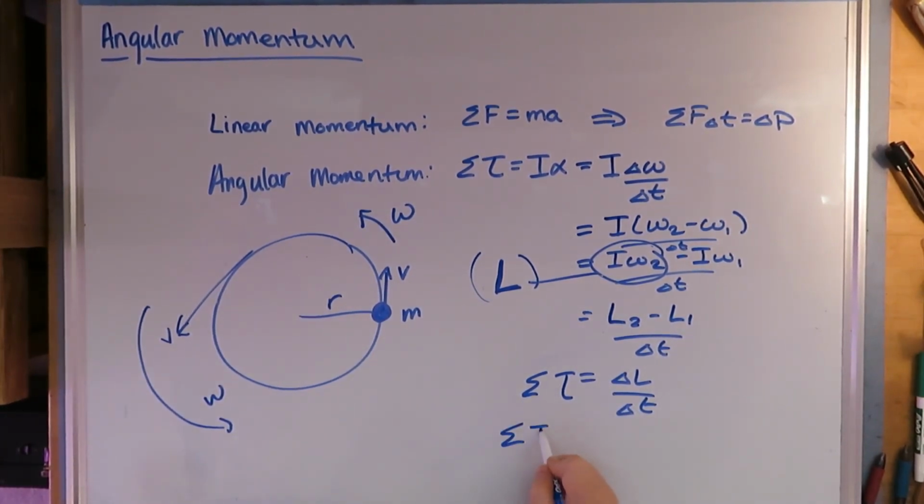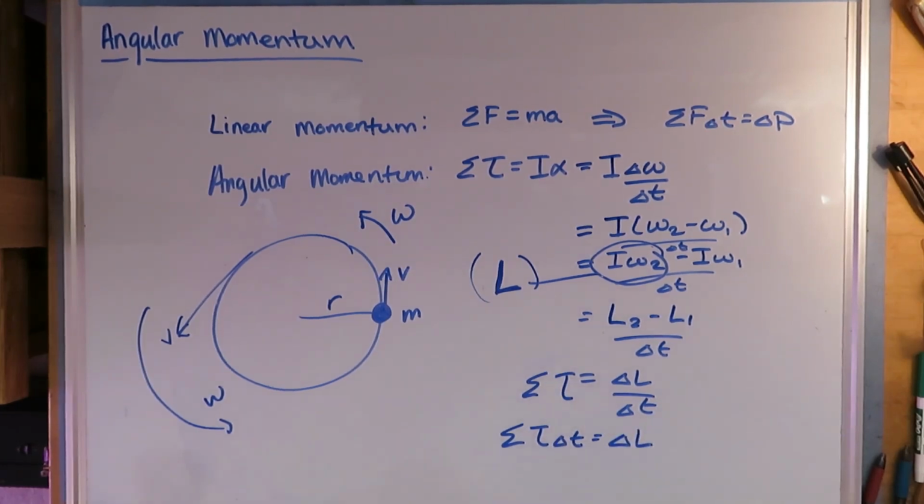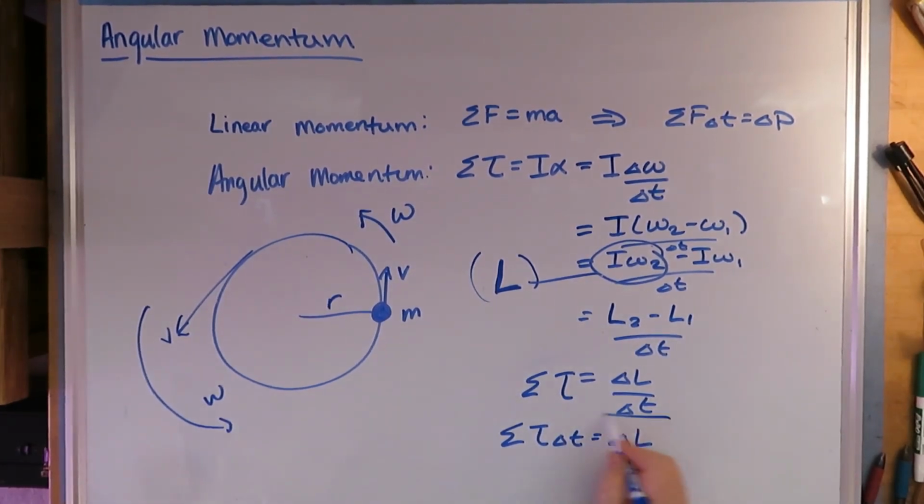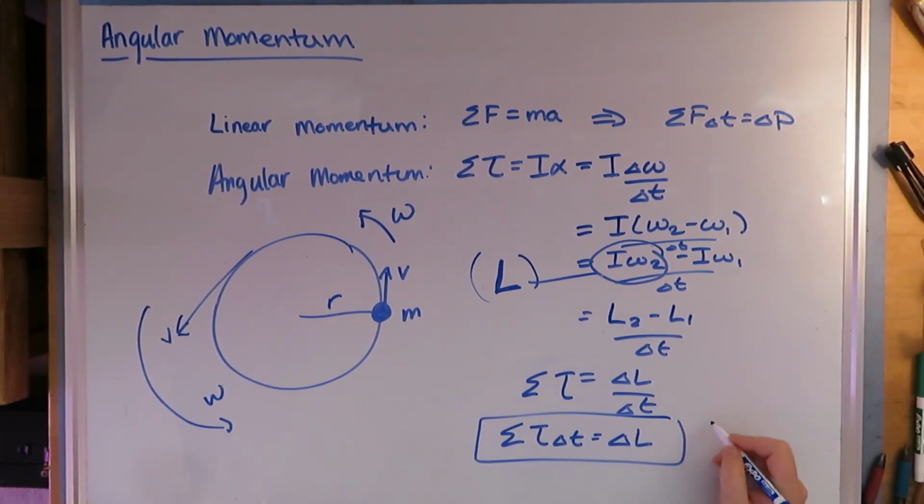So my net torque times my change in time is equal to my change in angular momentum. So this is Newton's second law for rotation in terms of angular momentum. We define essentially angular impulse, which is equal to the change in angular momentum.